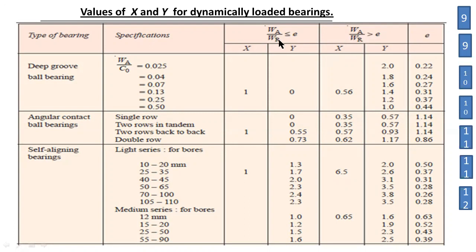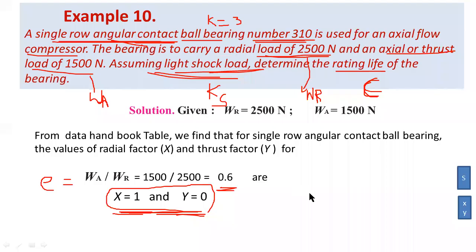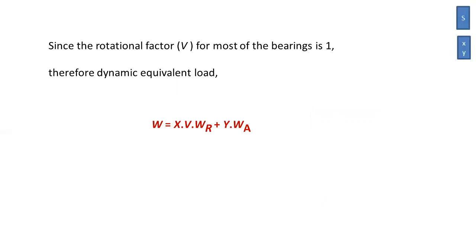So according to this equation, for angular contact ball bearings, the corresponding values for 0.86 are x equal to 1 and y equal to 0. So by using these two values, you have to find the value of equivalent dynamic load.